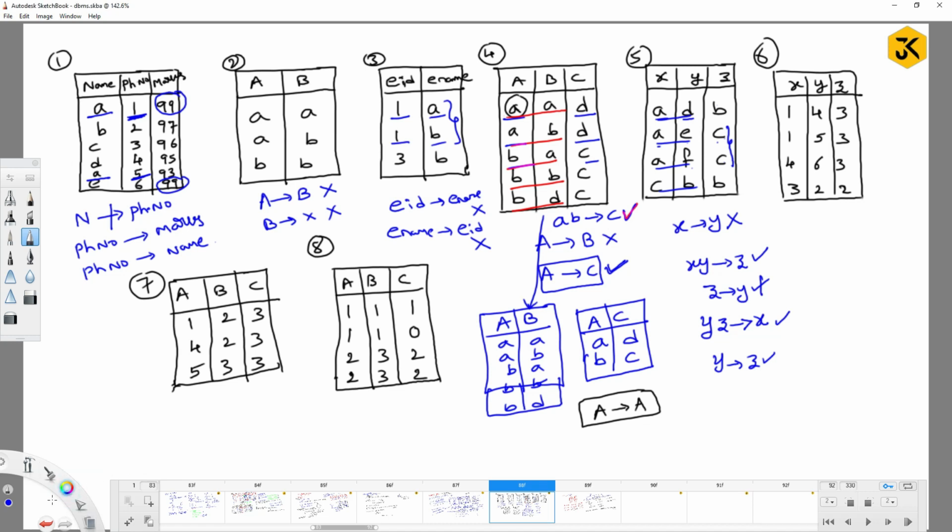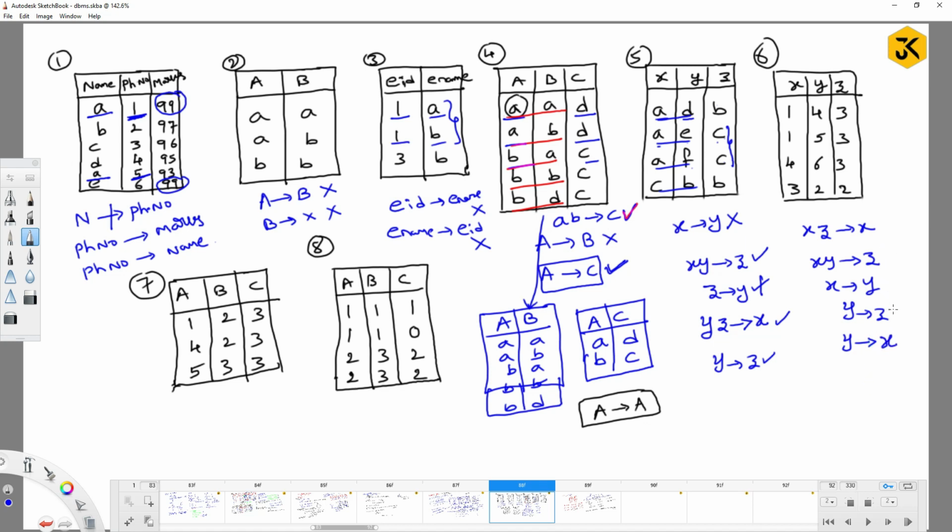So what you can do now, I will try to write out the cases. For example, let me take again XZ determines X, XY determines Z, X determines Y, Y determines Z. Let me take Y determines X, right?